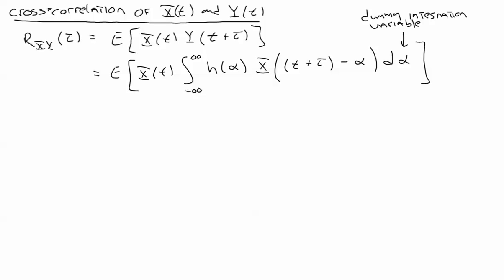To get to this point, recall that y of t, my simple convolution integral, is just this. That's just straight simple convolution. And what I really need is y of t plus tau.